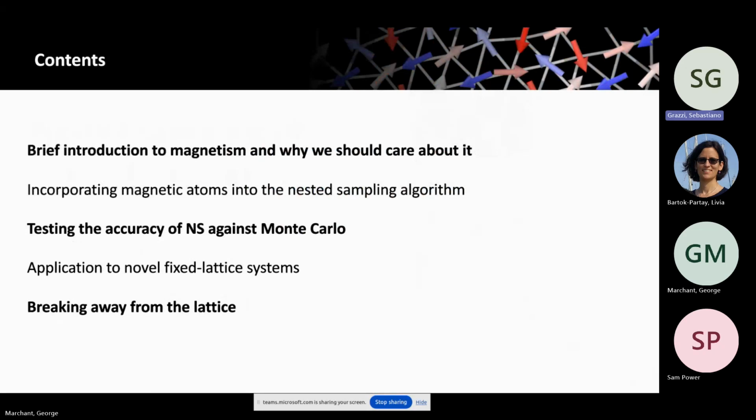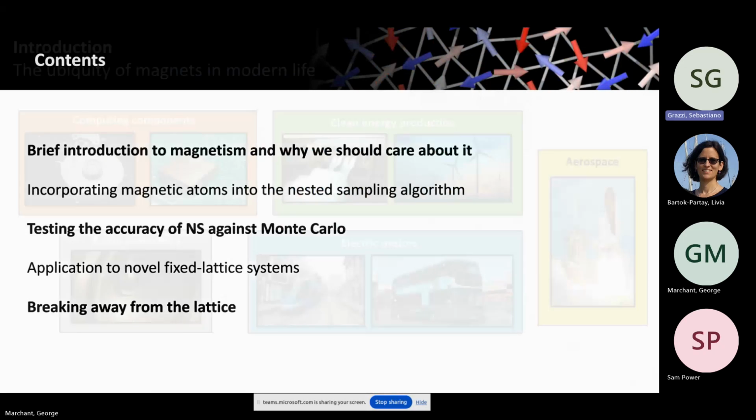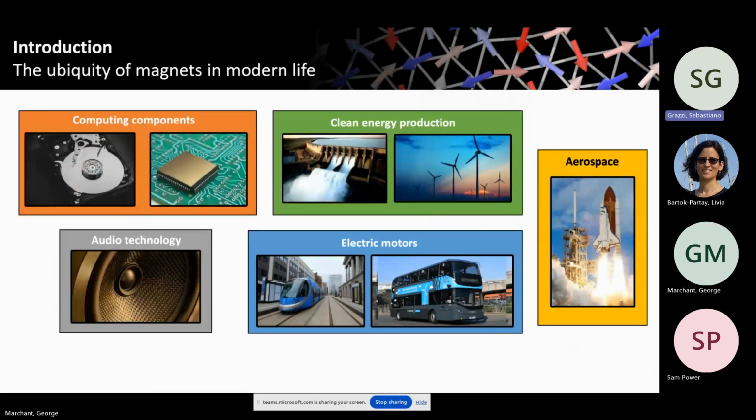And looking at some novel fixed lattice magnetic systems, keeping the atoms on the lattice in a fixed way, and then what happens when we break away from the lattice, which I'll leave to later.